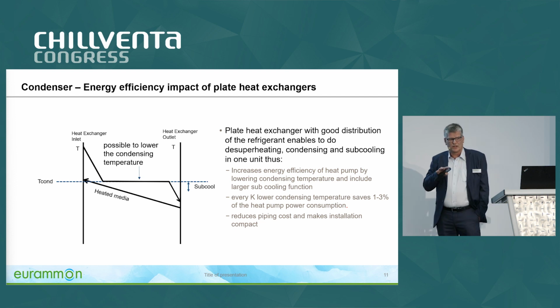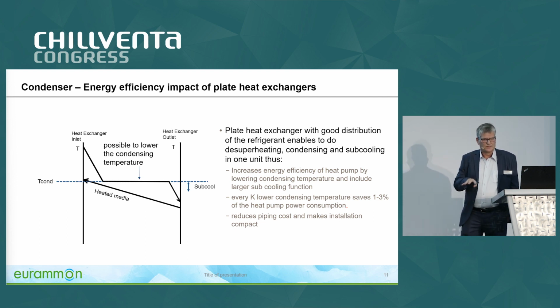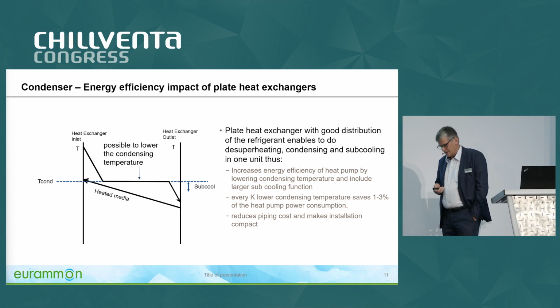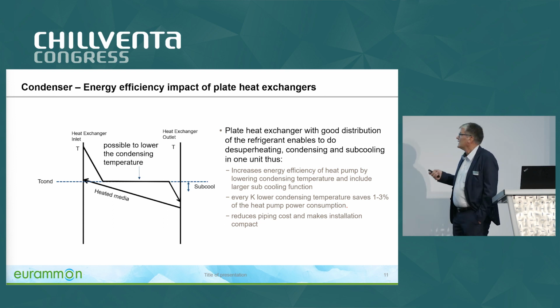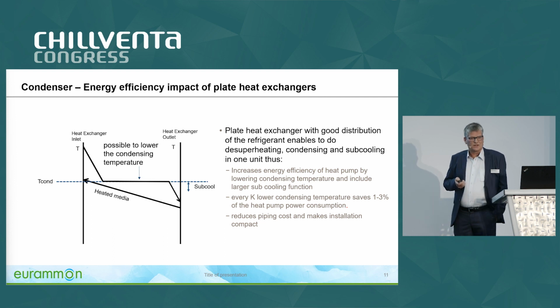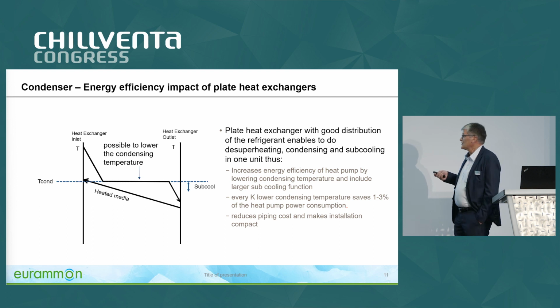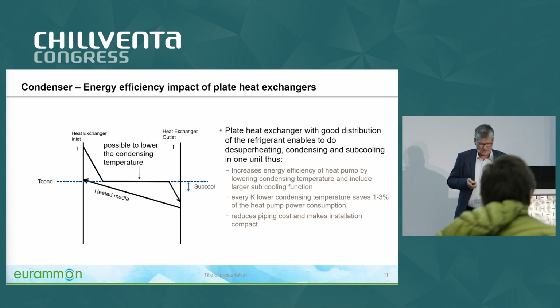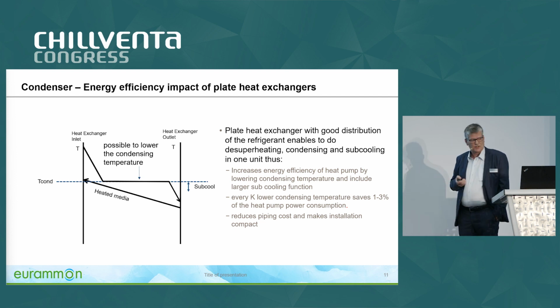So it's possible to lower the condensing temperature down to the supply temperature. This is also a way of saving energy, for sure. Not only energy, you also save piping cost, etc., not having to have many heat exchangers in the system.